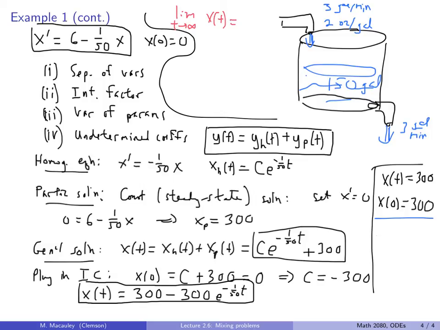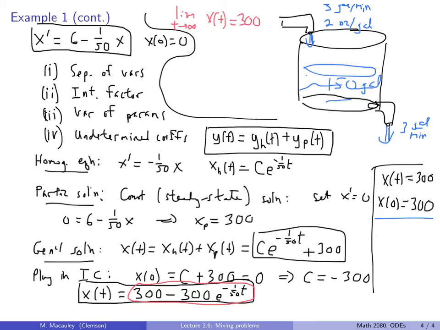Well, that's the limit of this as time goes to infinity. So what happens when you plug in a really large t? Well, this term goes away, and you're left with 300. This is what remains. So that's going to be 300. And that is, in fact, the constant solution that we found.